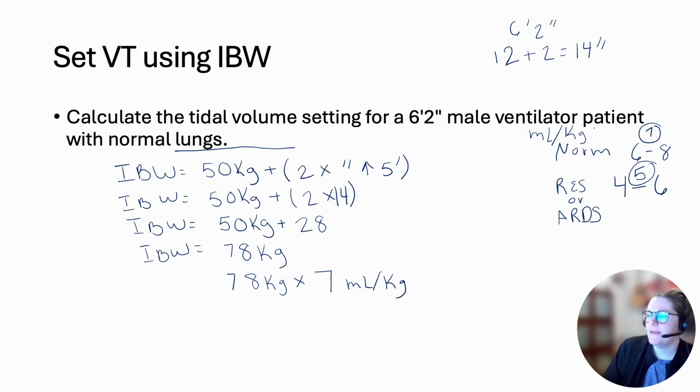So 78, and we're solving for tidal volume now. 78 times 7, and that's going to give you 546 milliliters. Now we can plug this into the ventilator and ventilate a patient.